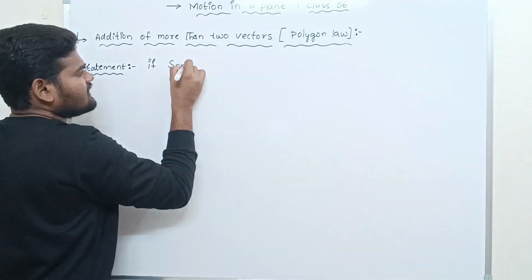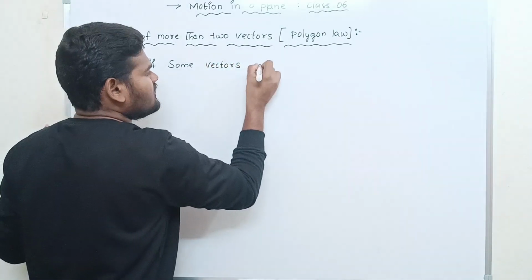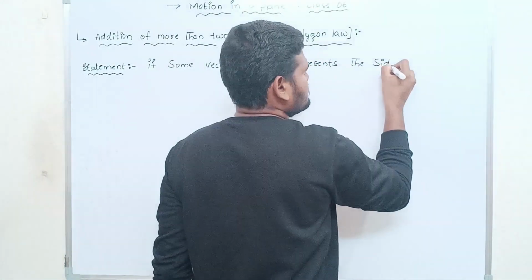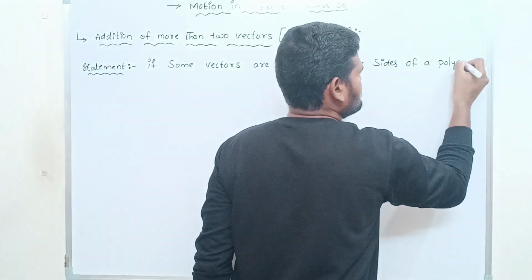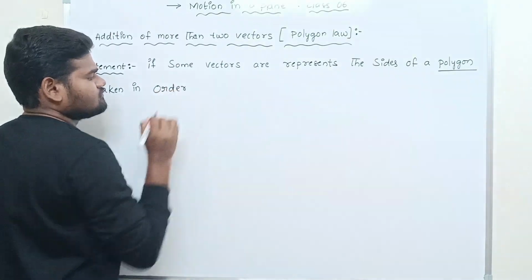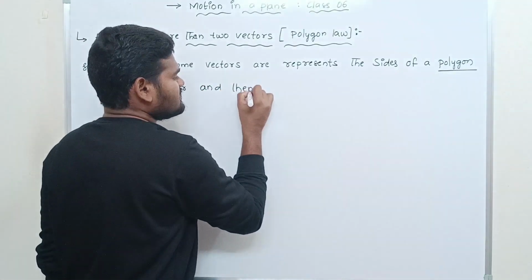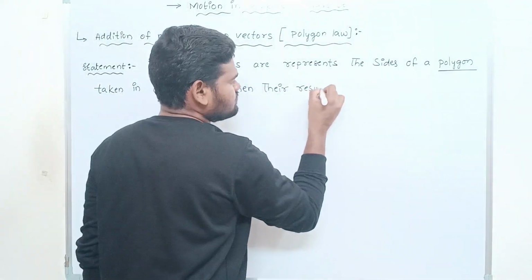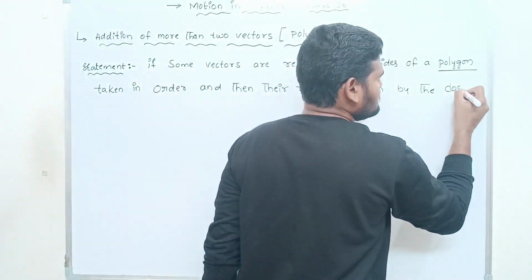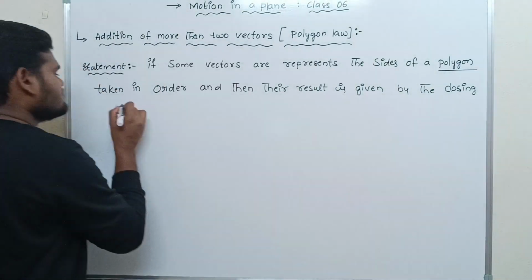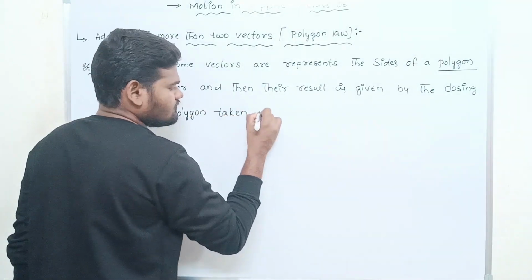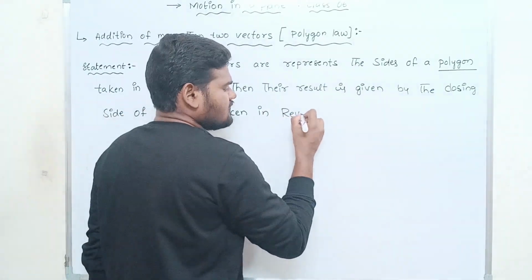If some vectors represent the sides of a polygon taken in order, then their resultant is given by the closing side of the polygon taken in reverse order.